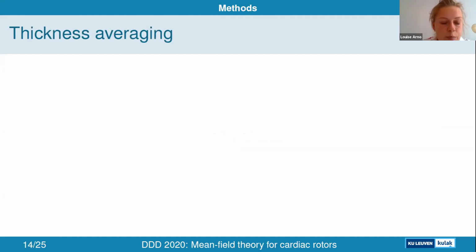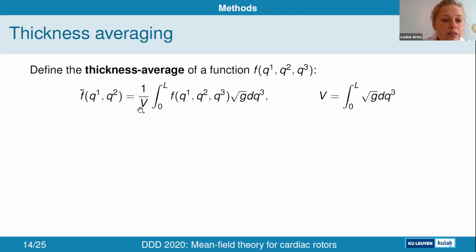What is this second step? Well, in the second step, we will average out the thickness of the cardiac wall. For this, we have to define the thickness average of a function f that is depending on the heat coordinates. This thickness average is basically the same average we know from statistics, but for which we have to add a Jacobian, because due to this anisotropic diffusion of the transmembrane potential, the infinitesimal volume elements will be deformed.